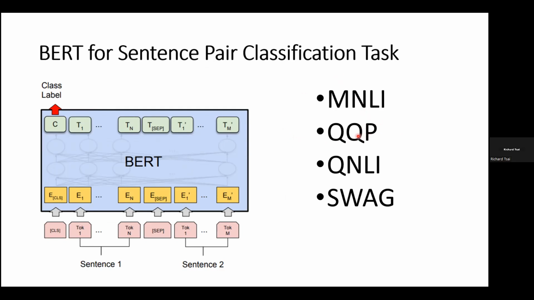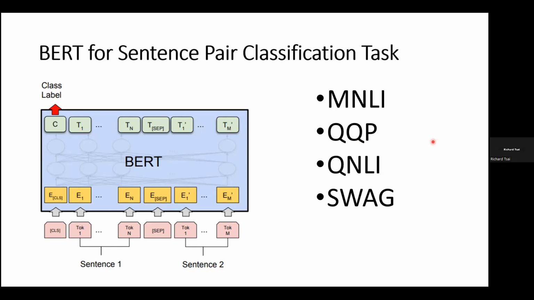The second is QQP, Quora Question Pairs. The goal here is to assess whether the first question and the second question have the same meaning or not. The third is called QNLI, which is question answering NLI.